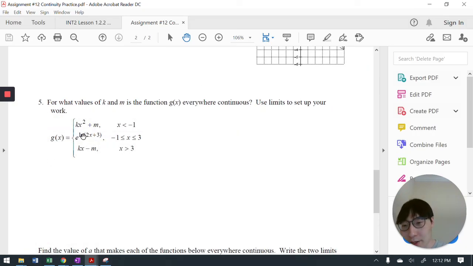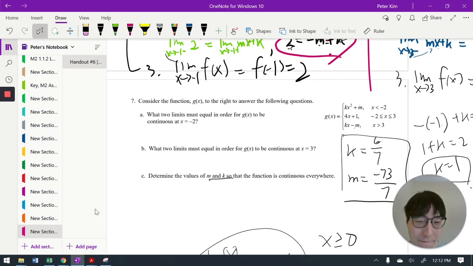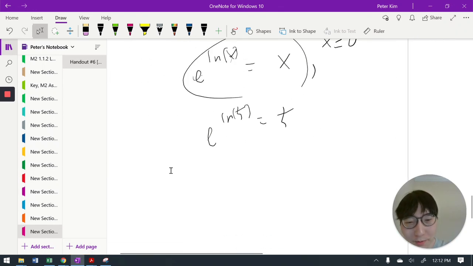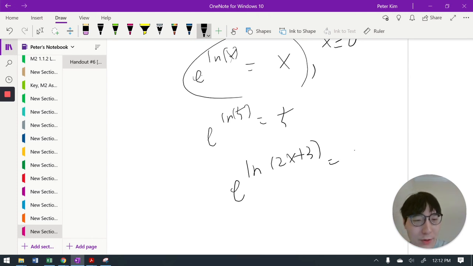So that might be a little bit tough, but here too, e to the ln of 2x plus 3 will simply equal 2x plus 3, as long as 2x plus 3 is greater than 0. Sorry, it should be greater than 0, not even equal to 0.